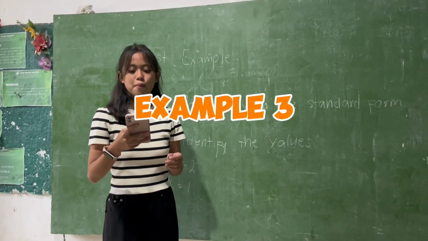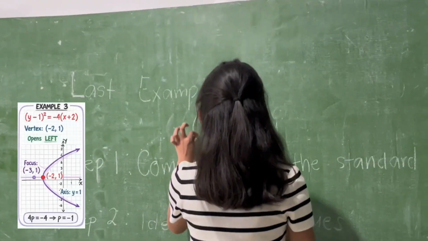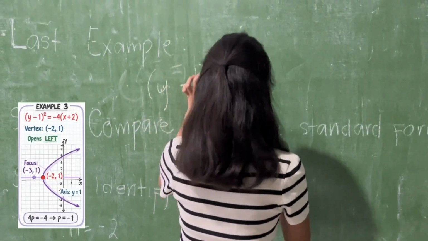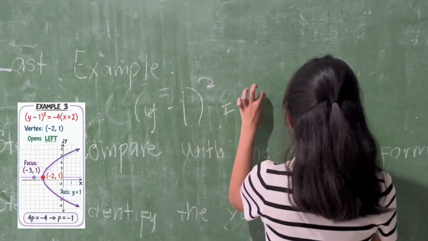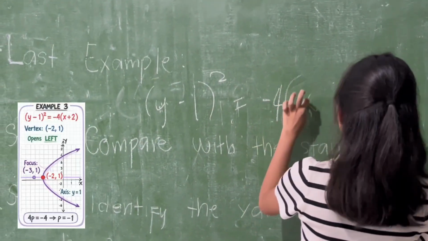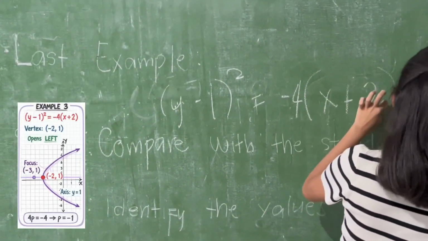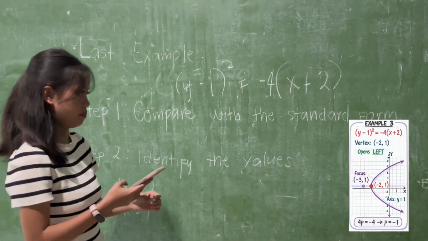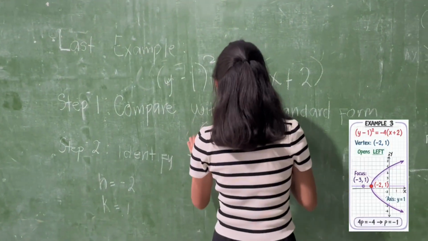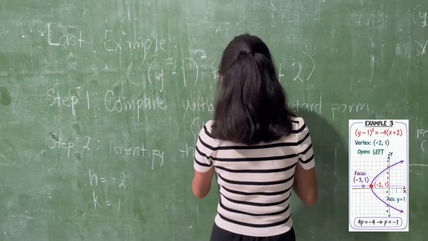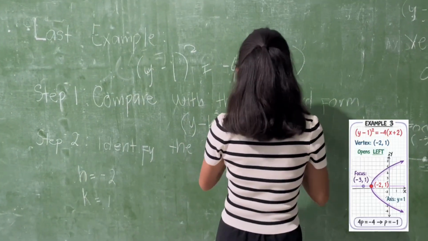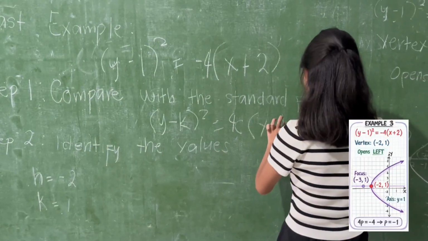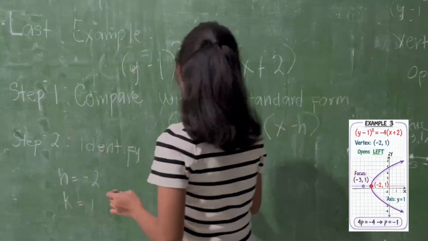So our last example is (y minus 1) squared equals negative 4(x plus 2). Step 1. Compare with the standard form: (y minus k) squared equals 4c (x minus h).